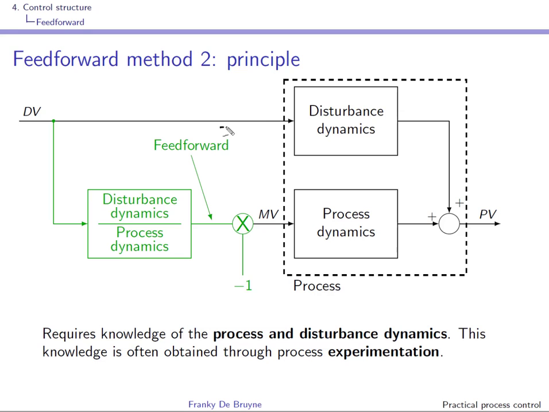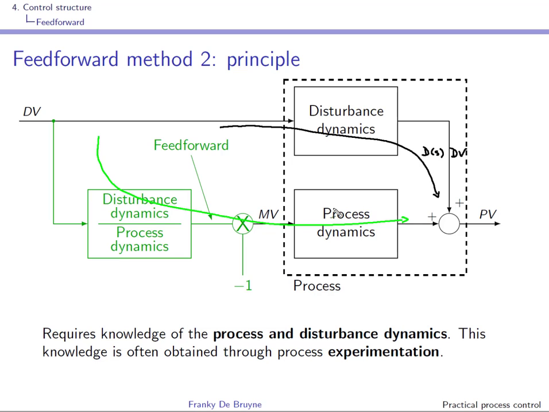Well, you have a first influence path of dV on PV, and it's really dV going through the disturbance dynamic. So you can write it like this: D of S acting on dV, right? And the idea is to create a second influence path that will go through the process, and that will compensate this one.